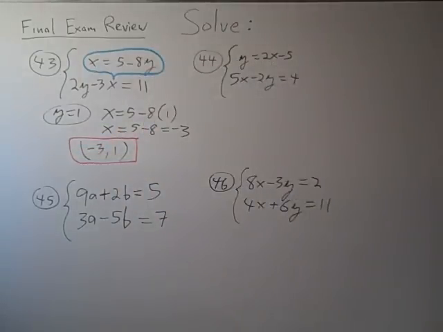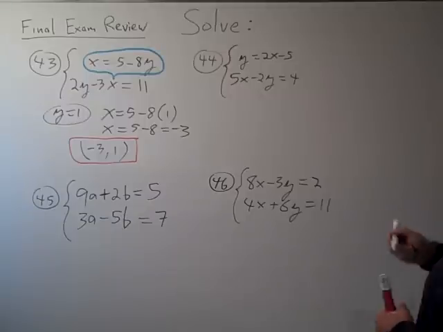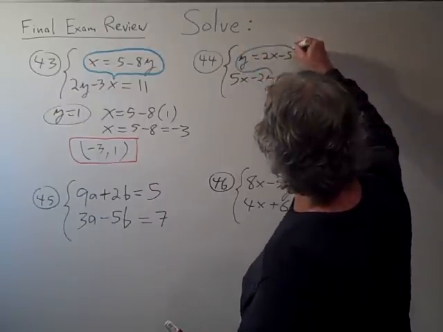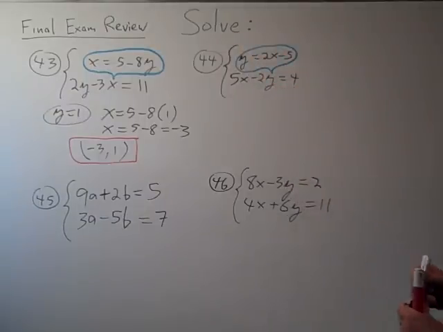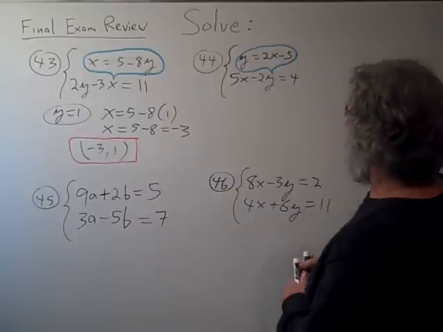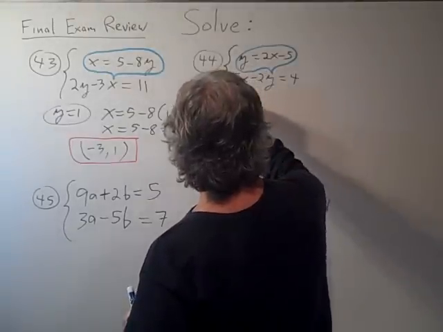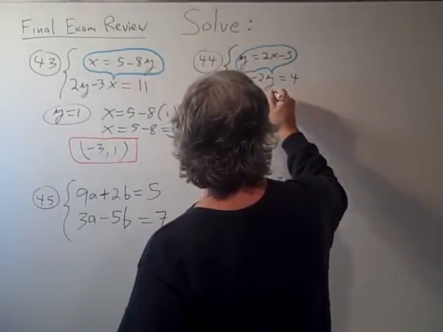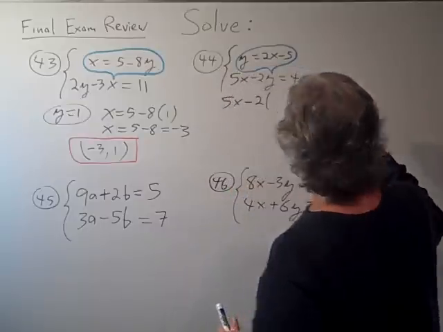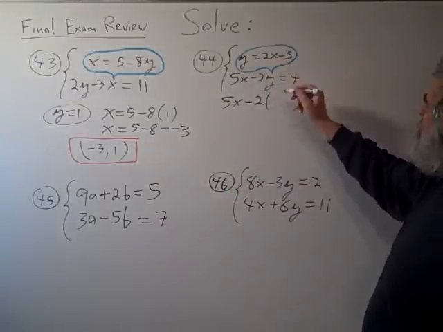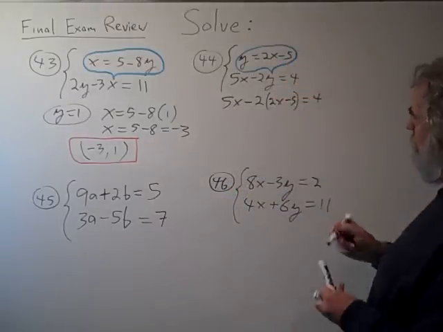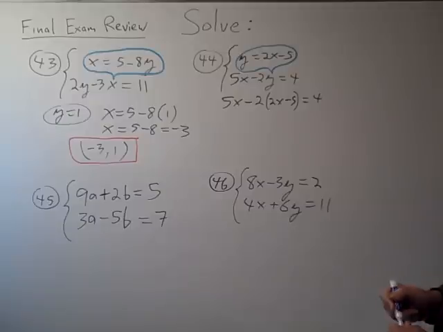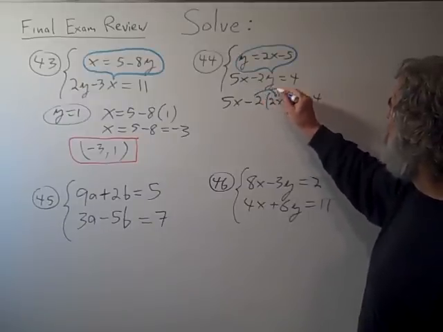For problem number 44 here, we're going to substitute for y. The first equation being substituted into the second equation, we end up with 5x minus 2y equals 4. But the y here is 2x minus 5. Now we have to distribute the negative 2 through the parentheses.